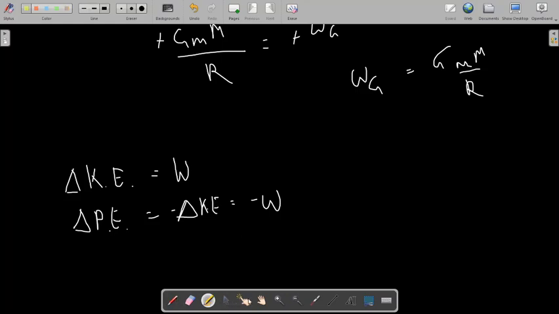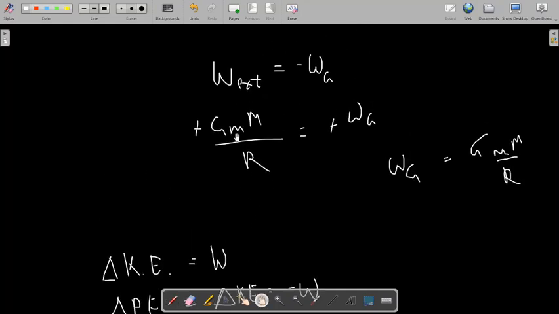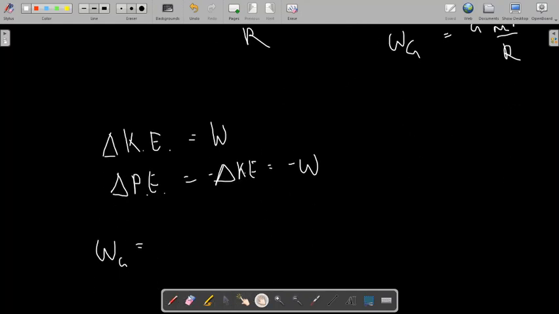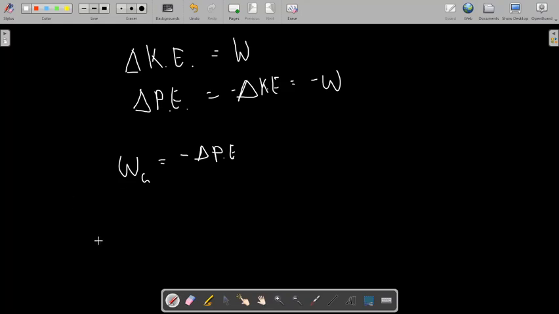So since we are talking about the gravitational force over here, the work done by gravity, which we know is GMm upon r, will be the negative of the change in potential energy. So we just take the minus sign from here to here and we get minus work done by gravity equals the change in potential energy.